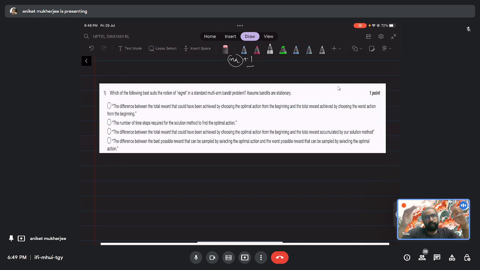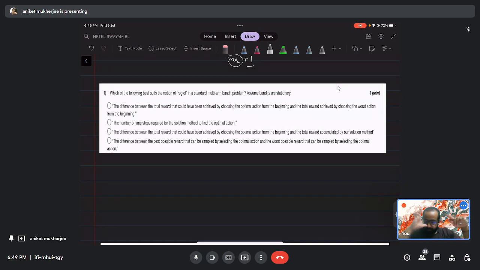What regret is: you give an algorithm, a solution, like pick the arms at time instant 1, at time instant 2, at time instant 3, these arms you pick, and you calculate the expected reward, and compare it with the known optimal expected reward. What is the difference between them, not the worst action from the beginning.